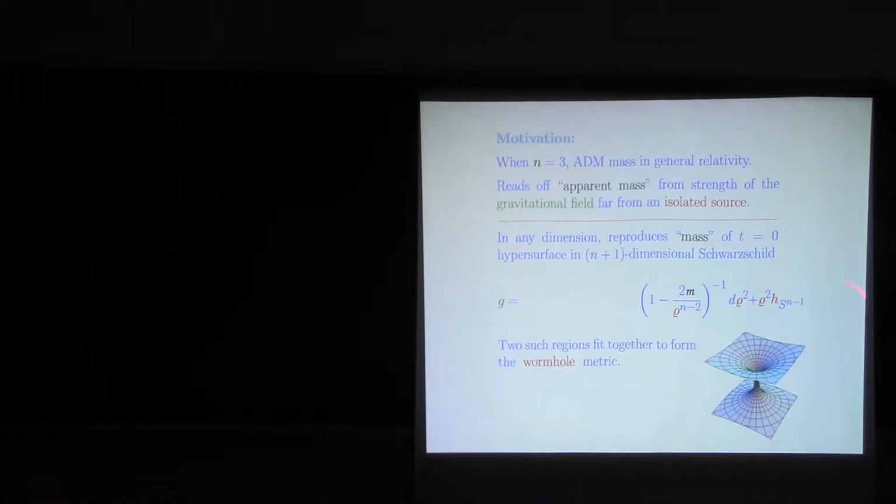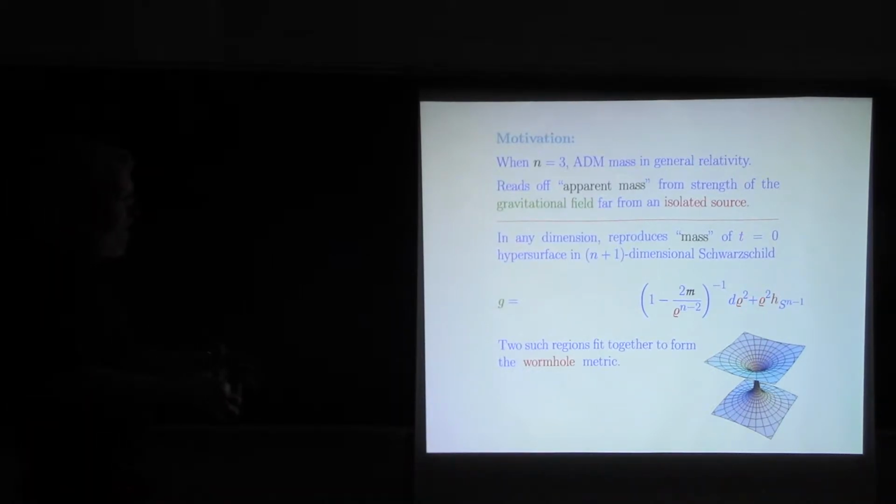So I've described this. Right now, this is not a complete metric, because it's only defined when the radius is large with respect to this mass, when rho over n-2 is bigger than 2m. But if you take two of these regions, right now this is defined on something that looks like a half line times a sphere, but you could think of that as Euclidean space minus a ball.